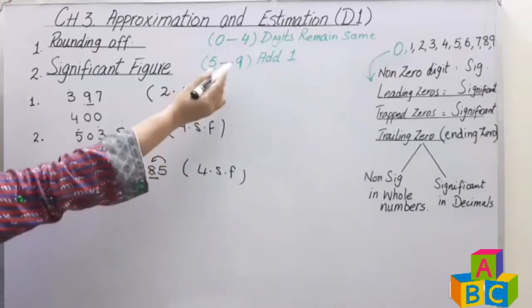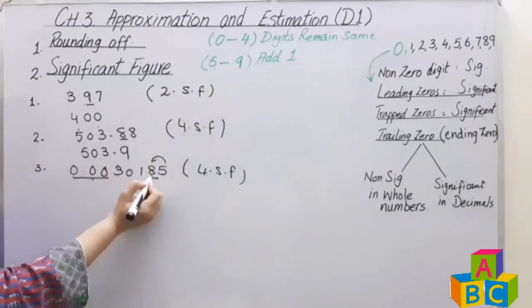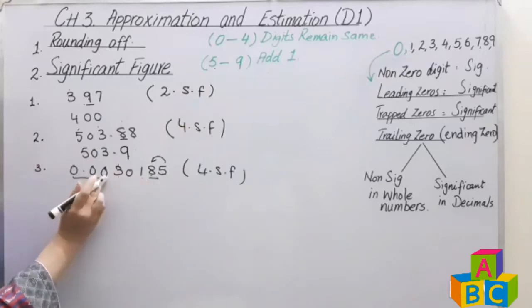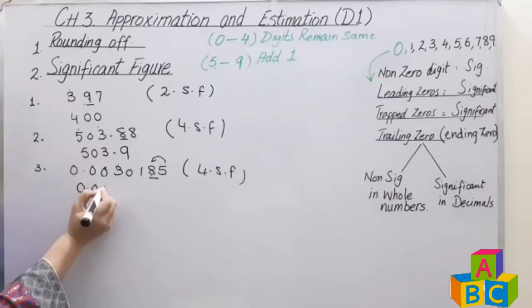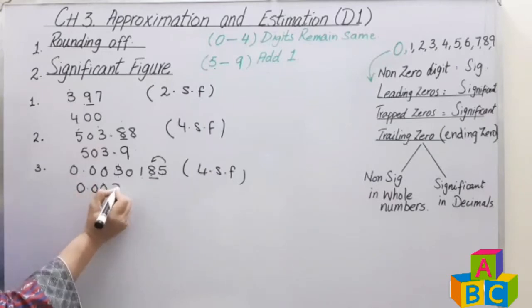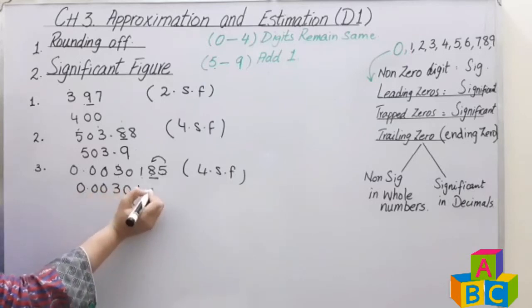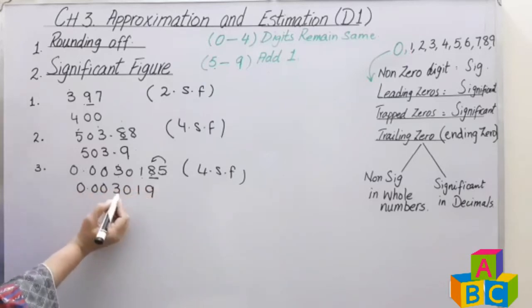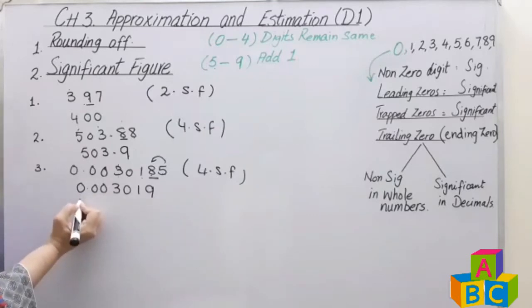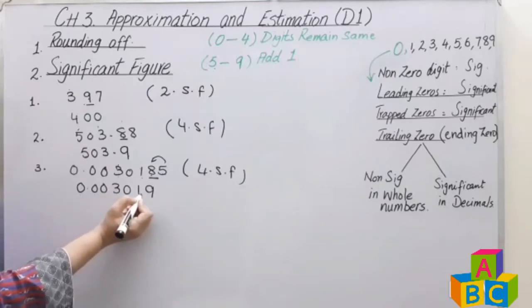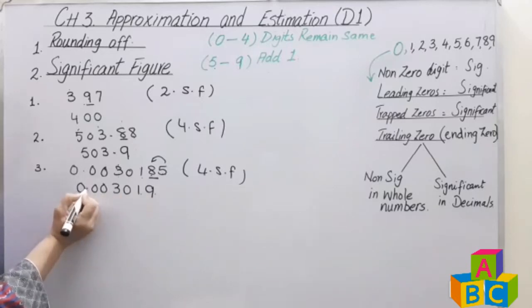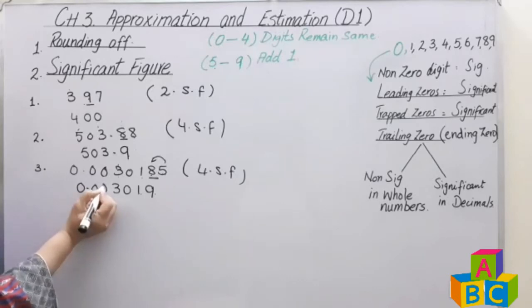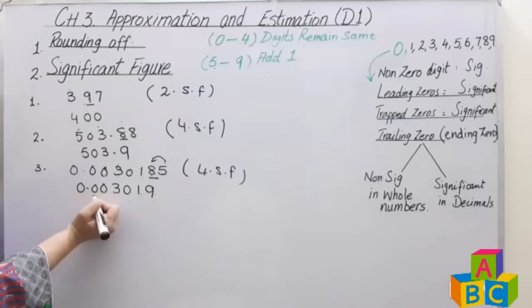This is 5, so we add 1 here. But the leading zeros are non-significant, yet we write them in the answer. Remember this, we write them in the answer to show the 4 significant figures. Here are now only 4 significant figures, 1, 2, 3, 4. But before this all zeros are non-significant, but we write them in our answer.